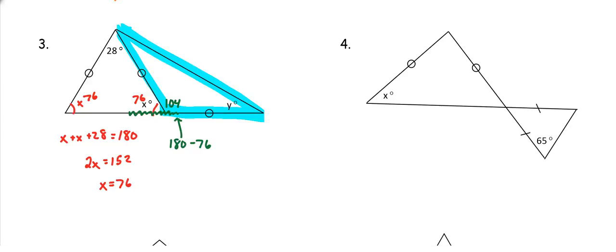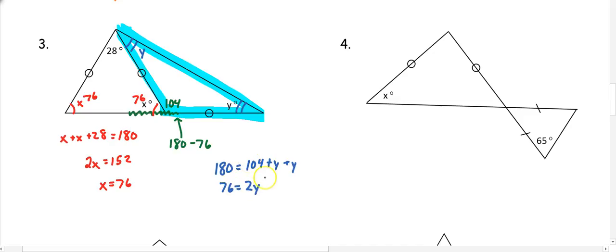So my base angles are congruent and they are both going to be y. So to solve for y, 180 equals 104 plus y plus y. I can subtract 104 from both sides, and I get 76 equals 2y. When I divide by 2, I get y is 38 degrees. So I have 38 and 38.